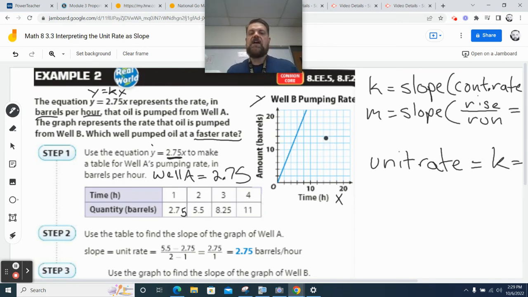So now I just got to calculate the rate for B based on the graph. So let me show you a little trick here. See this point right here? It looks like it crosses the grid. What does that look like to you? If this is 2 and this is 4 and this is 6 and this is 8, doesn't that look like 8 comma 20? Doesn't that look like that?